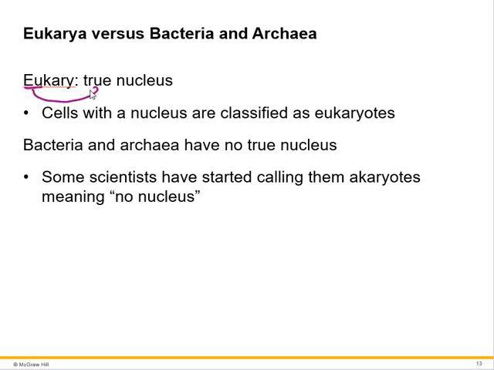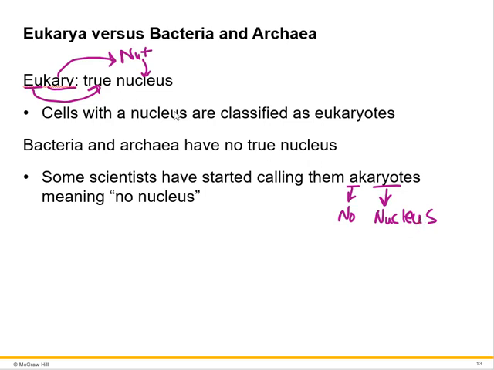So EU, whenever you see that in a word, means true, and karyo means nut, which is what they're referring to when they talk about the nucleus. And so when you have an akaryote, that means no nut or no nucleus.